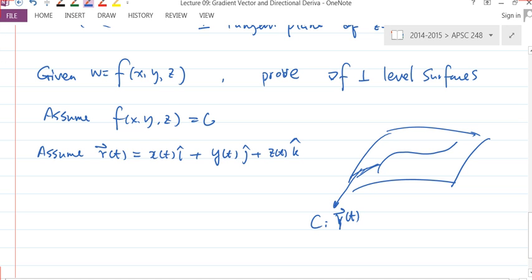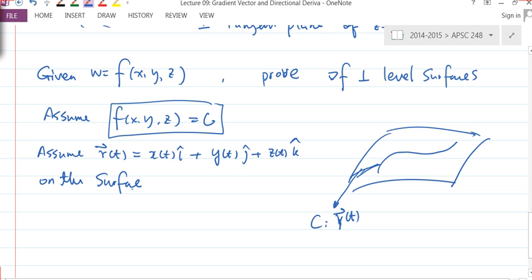So now let's do this one here. Based on this level surface, we're going to take a time derivative of both sides. Now, you've got to remember one thing here: we assume this curve is on the surface.